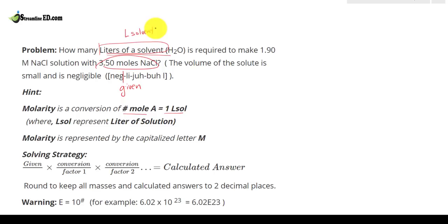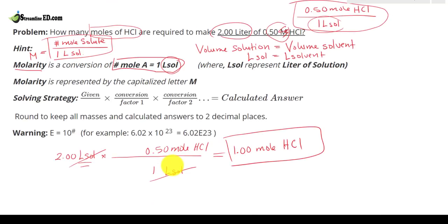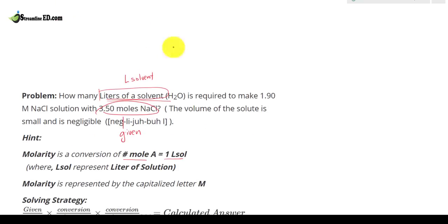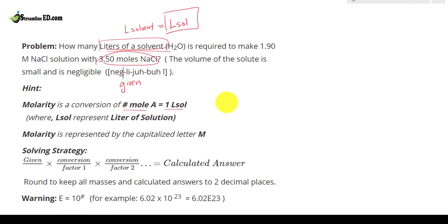One thing we learned before is that we can assume that the liter of solution is equal to the liter of solvent. So instead of using the term solvent, we are going to now use liter of solution. How can we rewrite our conversion factor in terms of this?